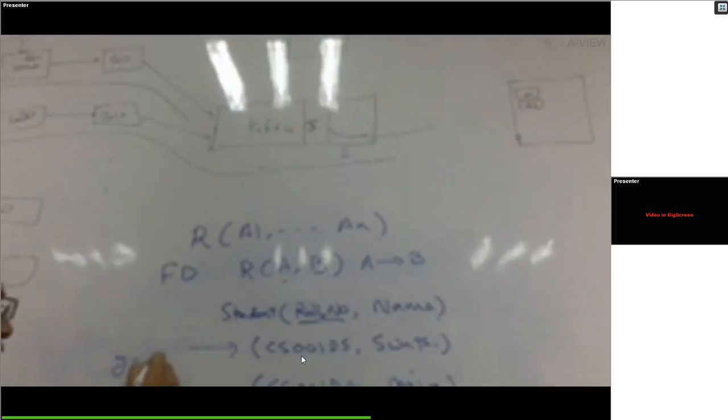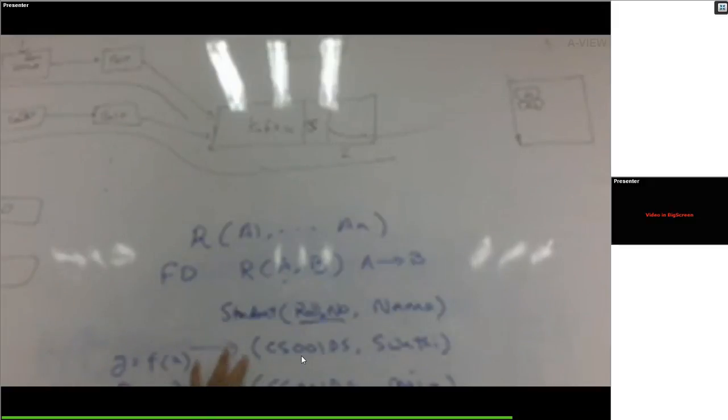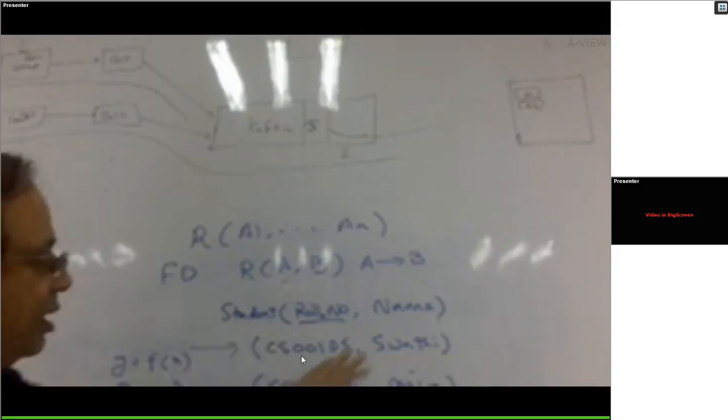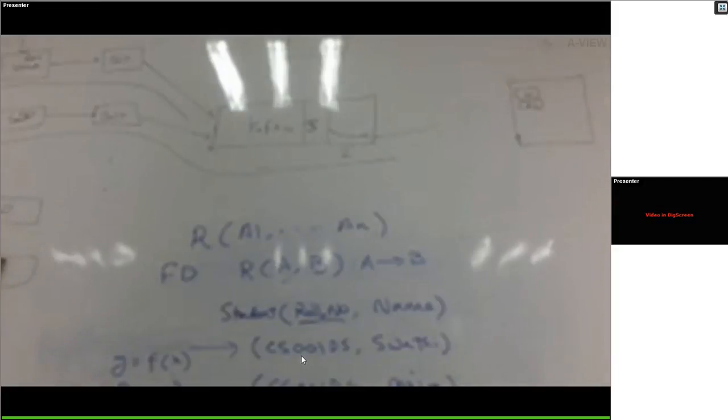This is like saying, in the mathematical sense, earlier I wrote y equals f of x: given x is 2, y is 5. Given the same 2, if y can also take another value, then there is no functional dependency between x and y. That is the case here. There is no functional dependency because given the roll number, the name can take multiple values, not just a single value.